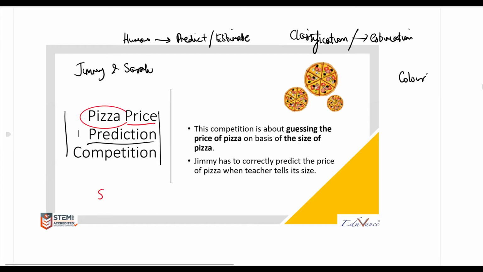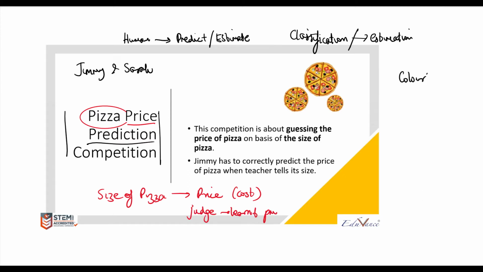If Jimmy is given the size of the pizza, he has to predict or estimate the price, or in simple terms, the cost of the pizza. So that's the competition. Let's go ahead and see how Jimmy would go about learning this. And as part of this lecture, we will also see how we judge whether Jimmy has learned properly or not.